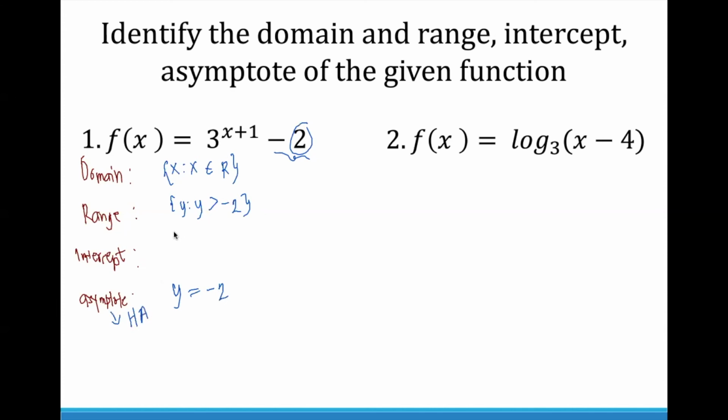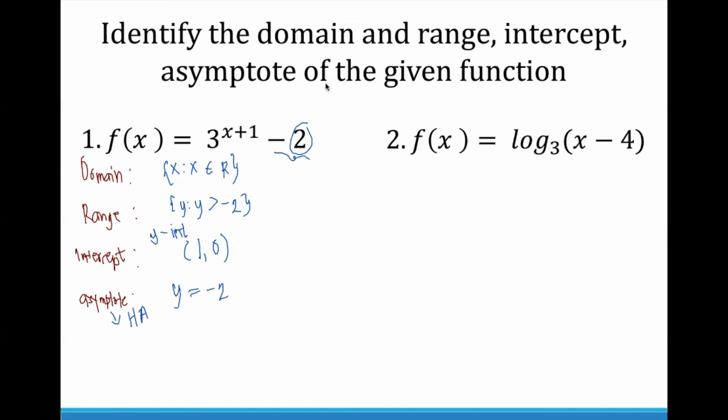And our intercept, this is the y-intercept, because we don't have any x-intercept. For the y-intercept, we simply let x be equal to 0. So 3 raised to 0 plus 1 is 3 raised to 1. So that is 3 minus 2. So the y-intercept is (0, 1).